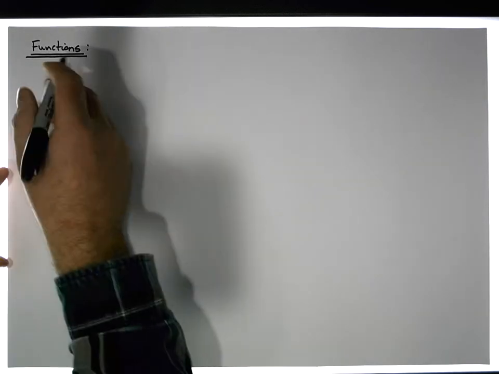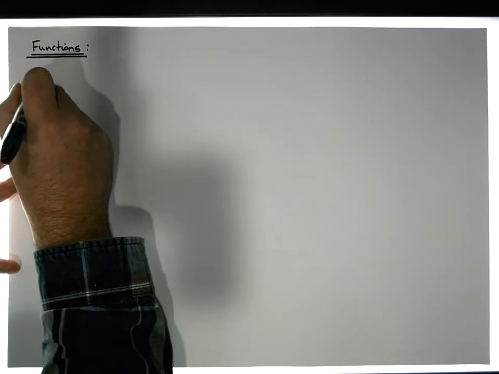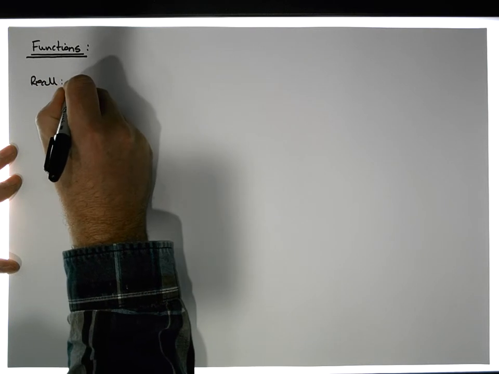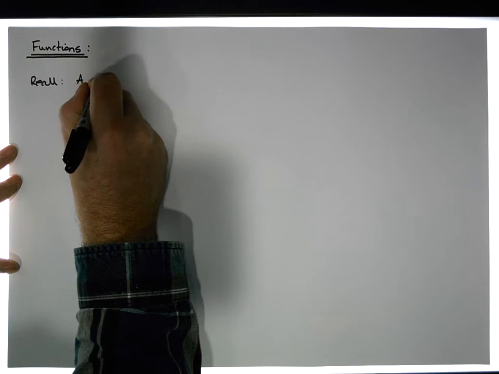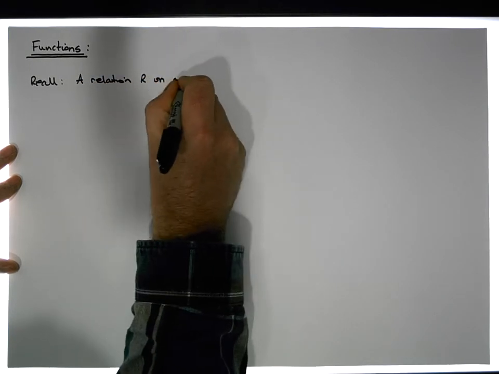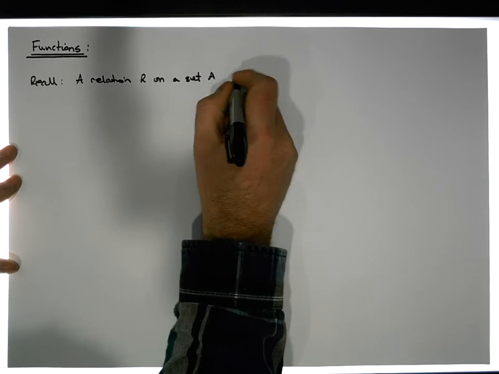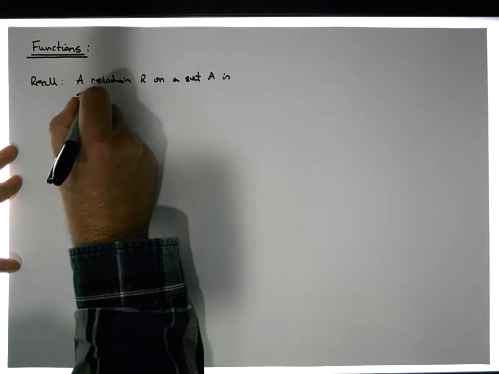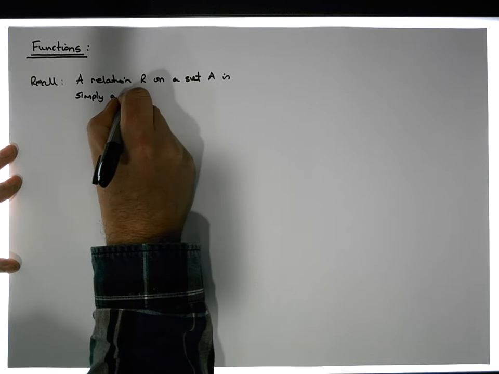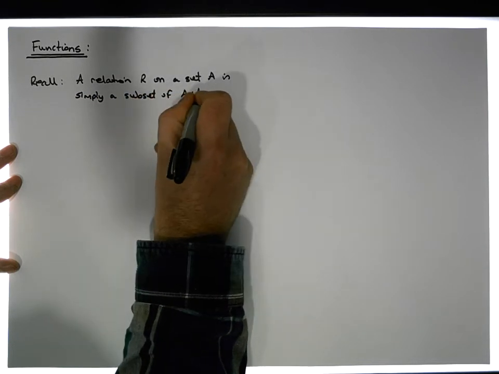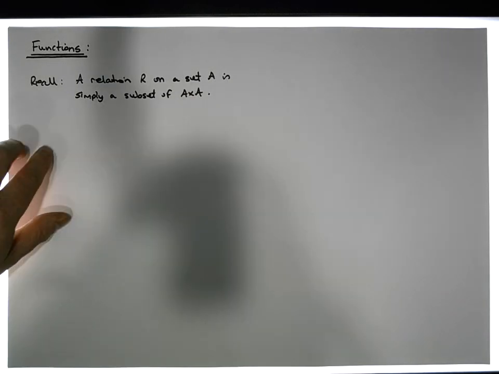So let's just recall. A relation on a set A is simply a subset of A cross A. That's what we define a relation to be.